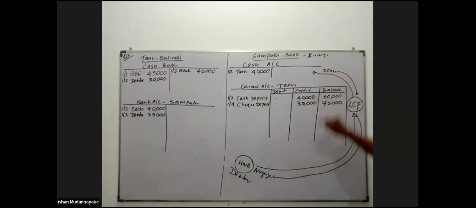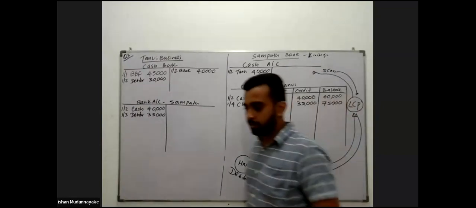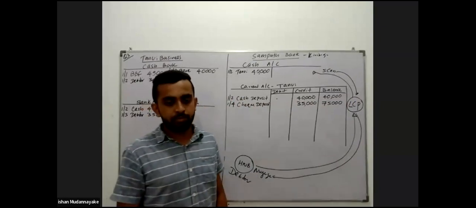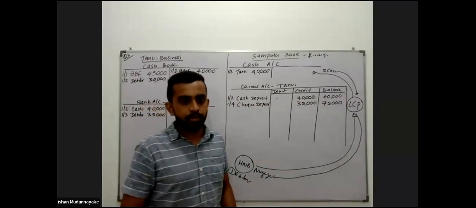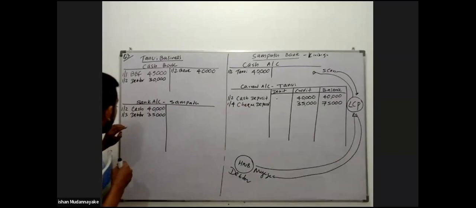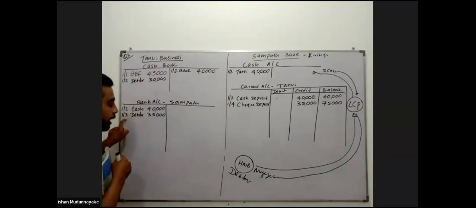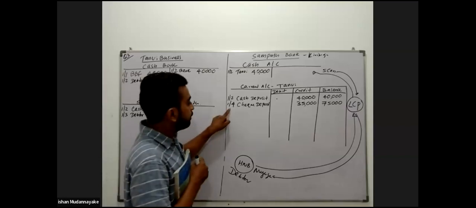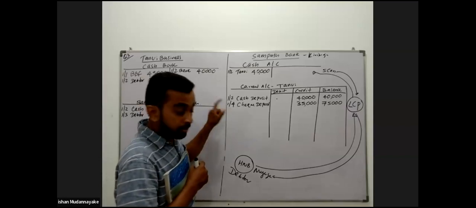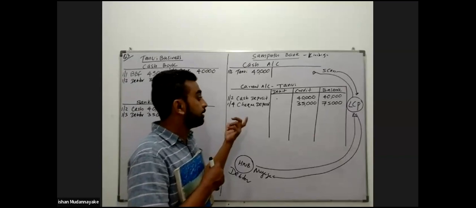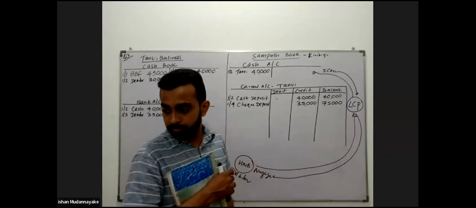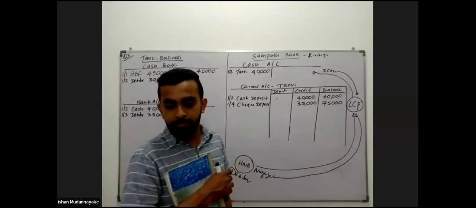Then, this system is called the checks realization process. This check was deposited in the bank by Thane on 3rd January, but the realized date is 4th January. Why? There is a 1 day delay.